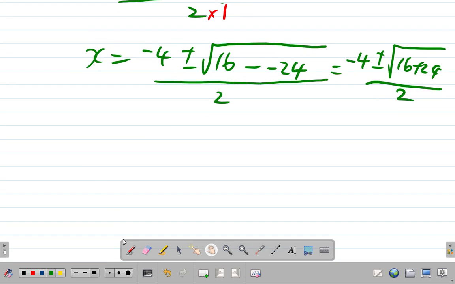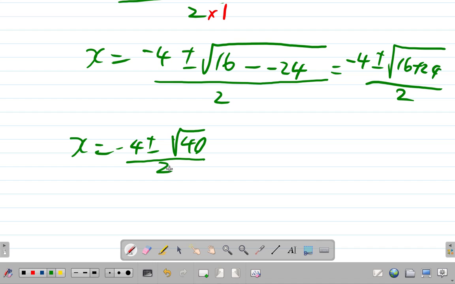So what you have here is x equals negative 4 plus or minus. What is 16 plus 24? 16 plus 20, 16 plus 10 is 26, plus another 10 is 36, and then 4 more is 40. So this is square root of 40 divided by 2.